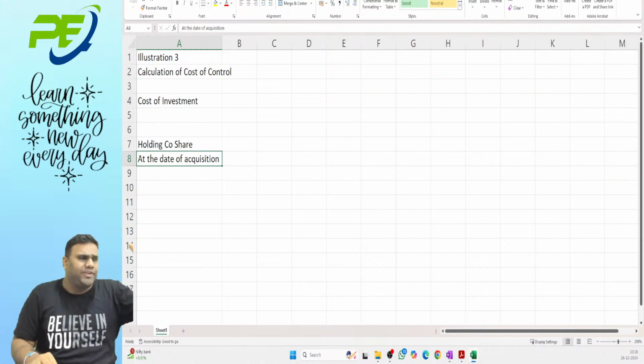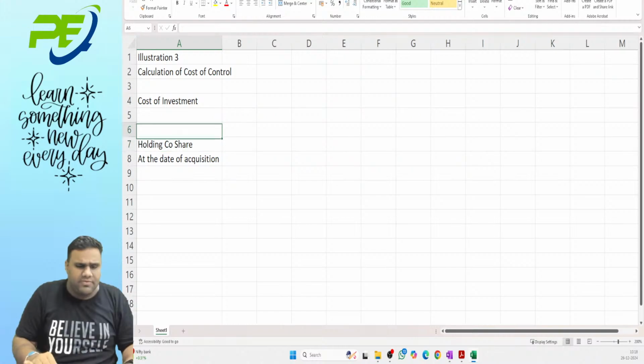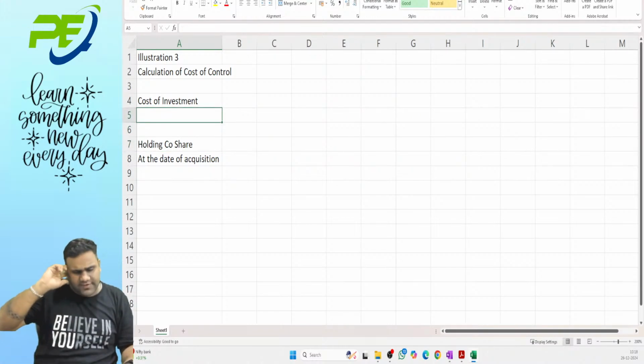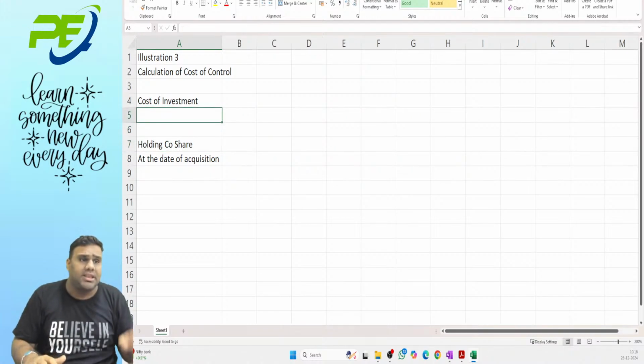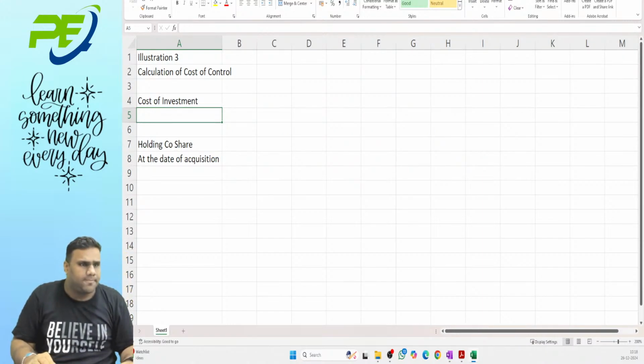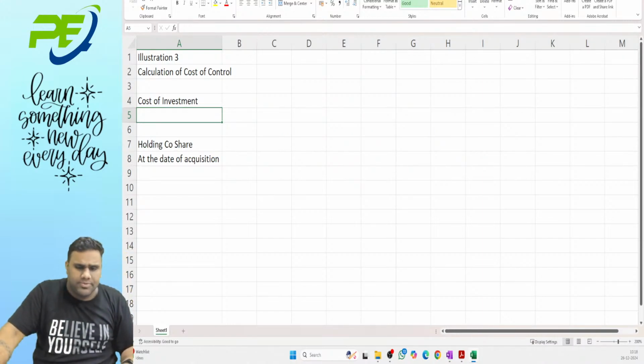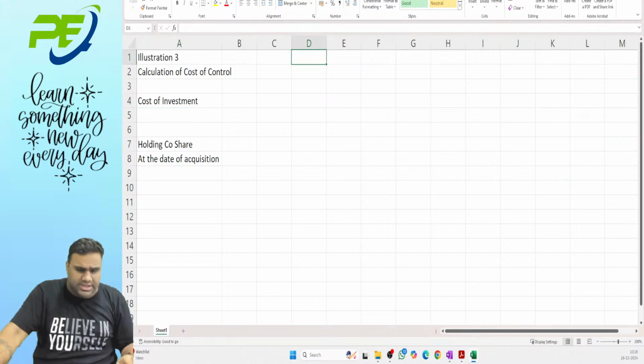We compare these two, and then we decide whether it is goodwill or capital reserve. Very simple. So to calculate cost of investment, first we need to know the number of shares. Number of shares, is it given? No.